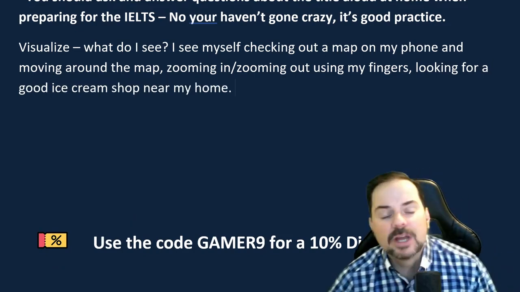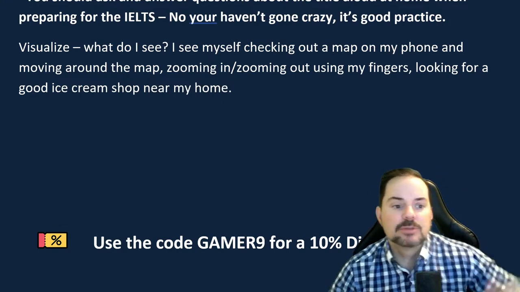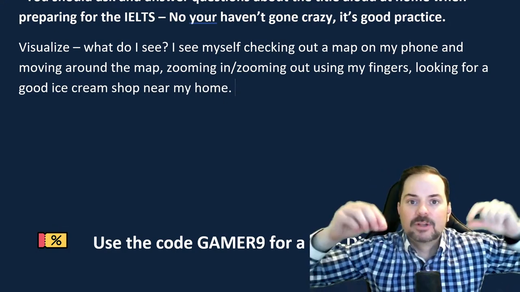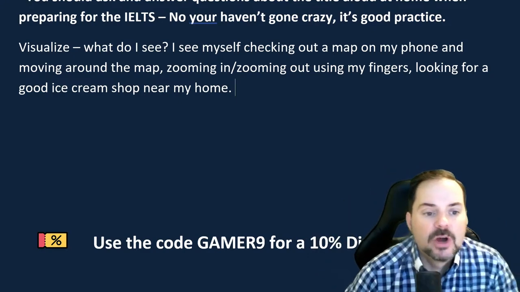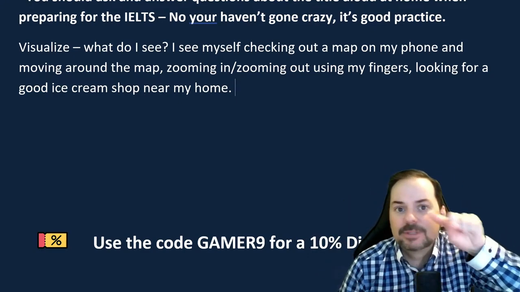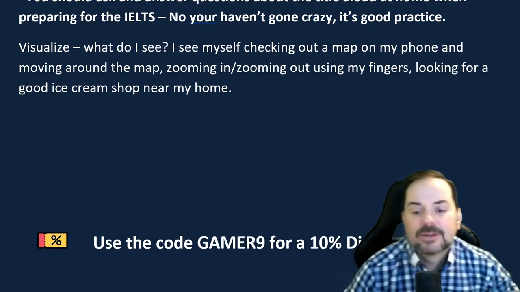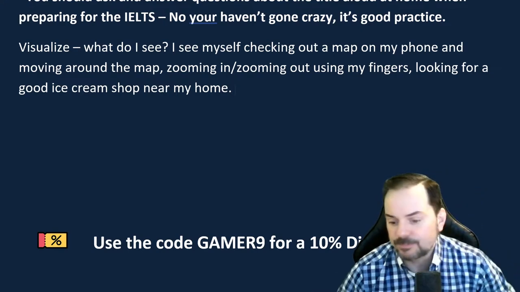Okay, I'm looking for a good ice cream shop near my home. So I'm using Google Maps. I just typed in ice cream shop and all those little location dots appeared. And I'm zooming in and I'm moving around and I'm tapping on it. Tap, tap, tap. Okay, so you should see that.